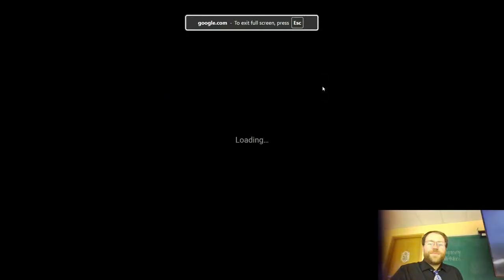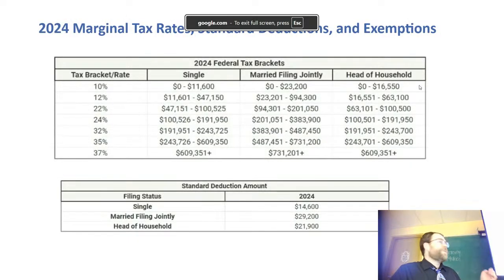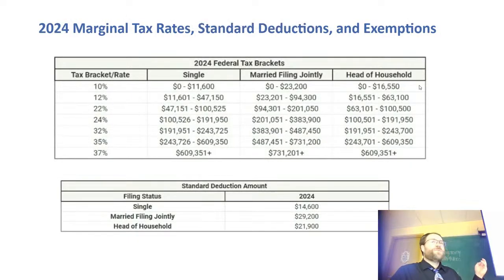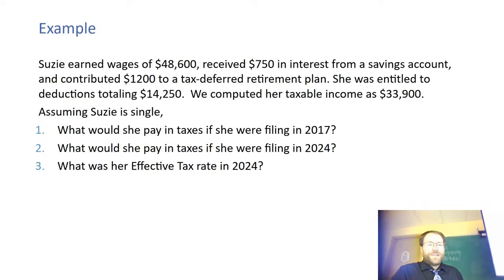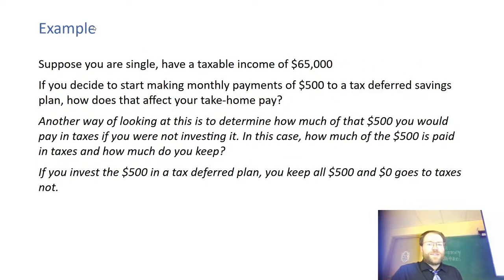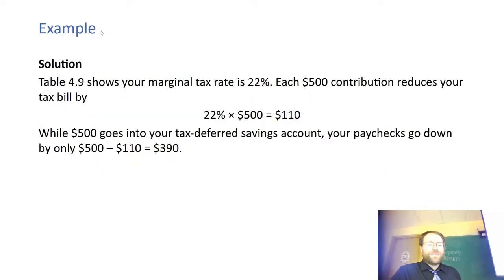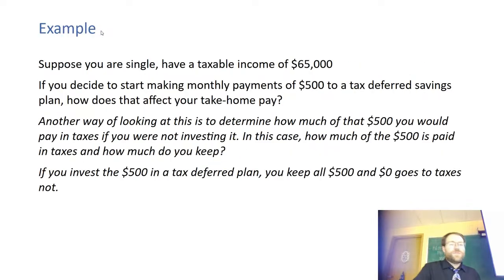Okay. That was good that we went over that because I know one of the future assignments will be figuring out some tax information. I think we'll skip over that example for now with Susie.